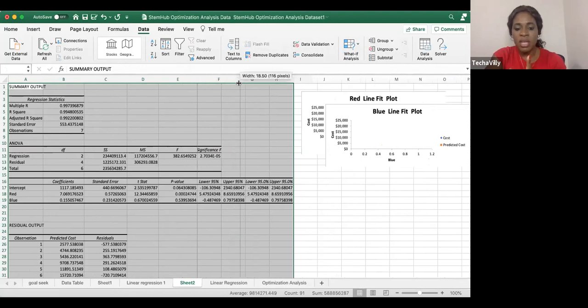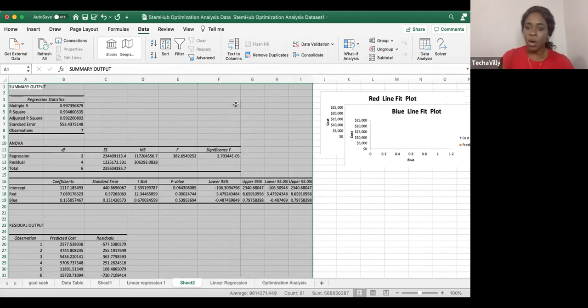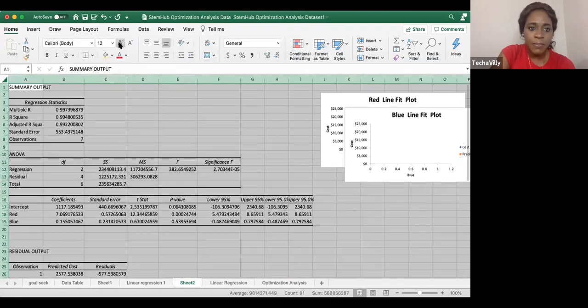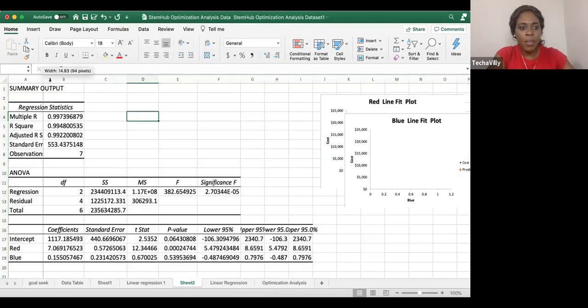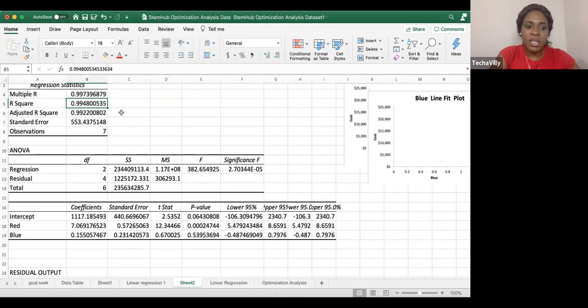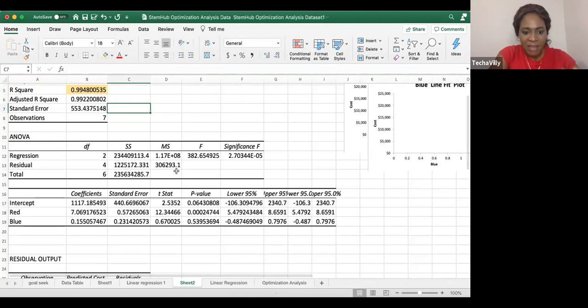So we want to see, if we want to combine these two, what does it take? To interpret this, let me bolden this a little bit. So this is the regression. This is the R squared. This is super good. This is 99%. So this company is good to go. Let's go and see the p-values. So I'm going to highlight the p-values.